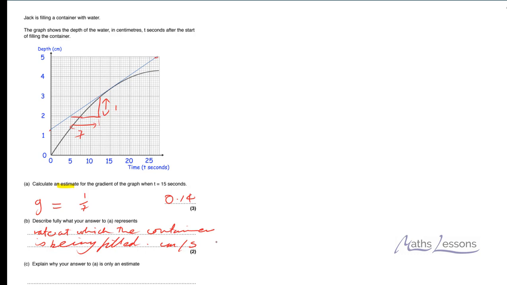So the rate. Better be more precise. Rate that the depth of the water is increasing.